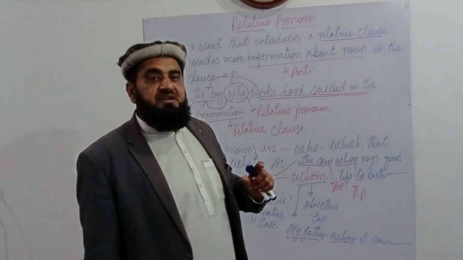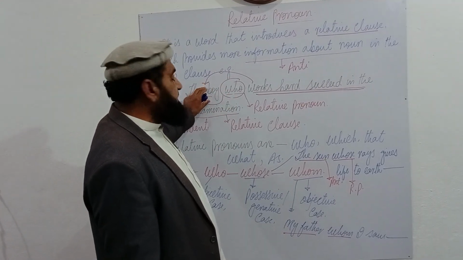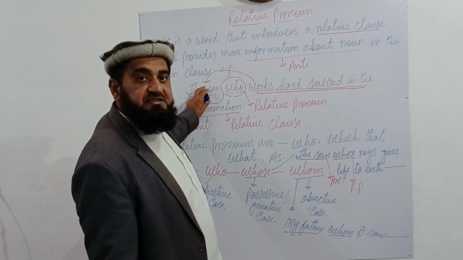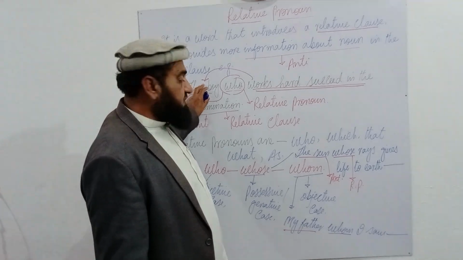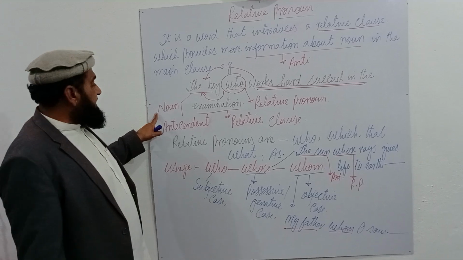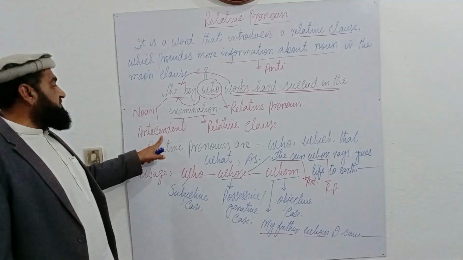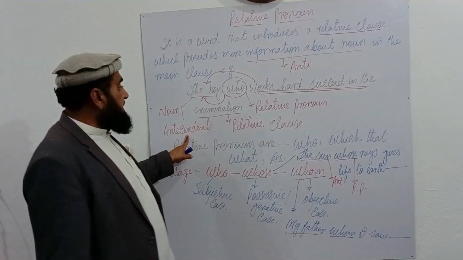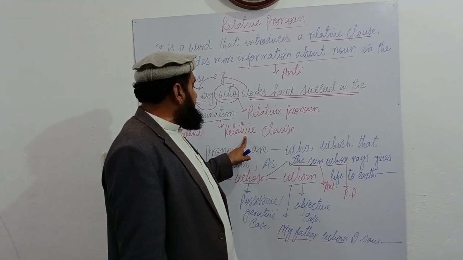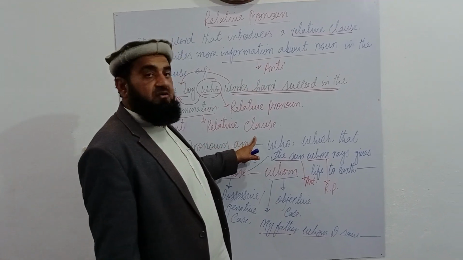So it is essential that the relative pronoun must be placed as near to its antecedent as possible. So the boy, the noun, performs the function of an antecedent; who is the relative pronoun, and works hard succeeds is the relative clause.